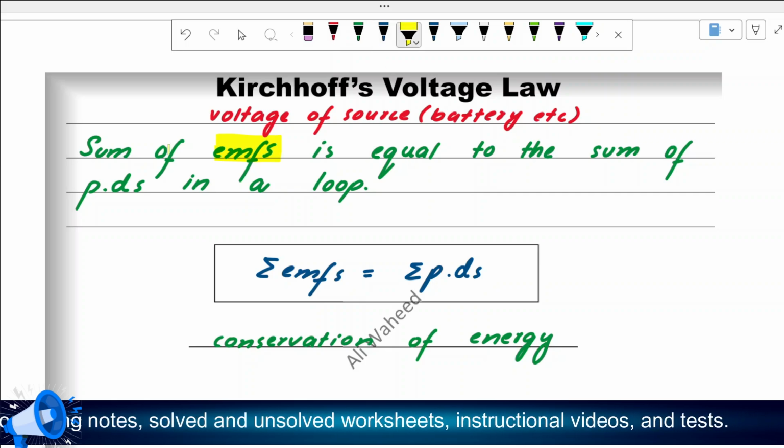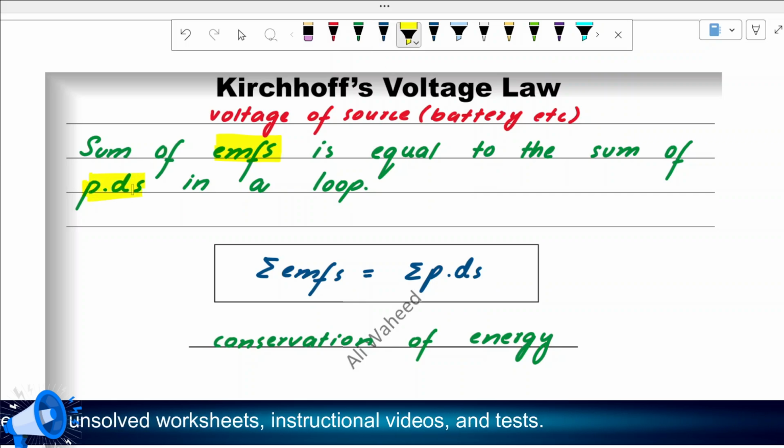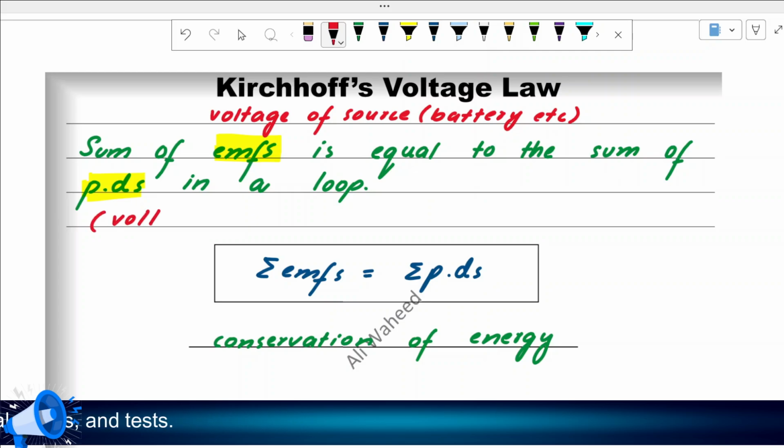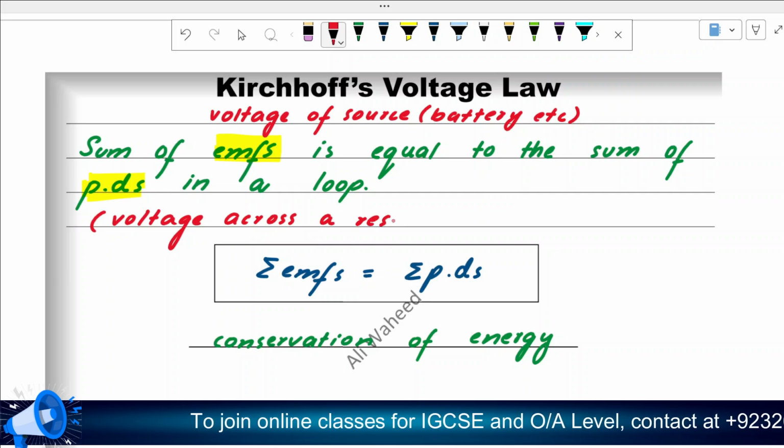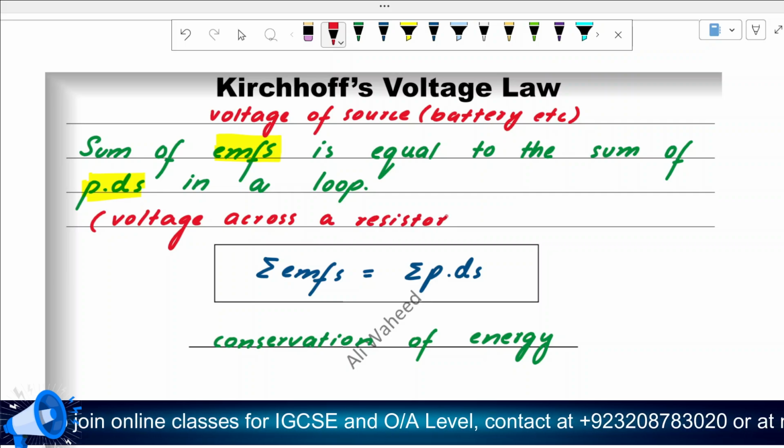And when we say the potential difference, usually it is a voltage across a current consuming device. And what do we call the current consuming device? Could be a resistor.